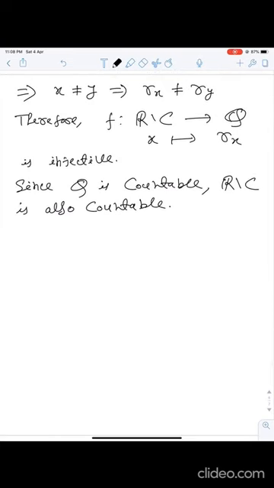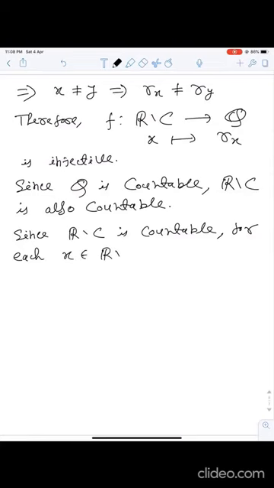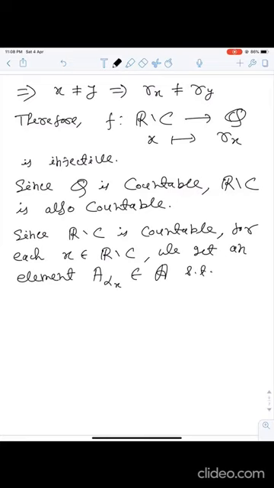Now since R minus C is countable, for each X belonging to R minus C, we get an element, say A alpha x, belonging to the script A, such that X belongs to A alpha x.